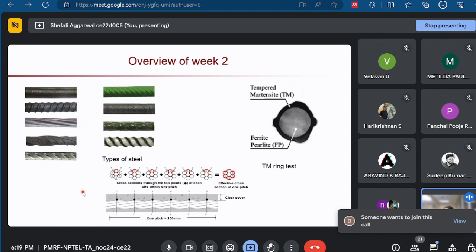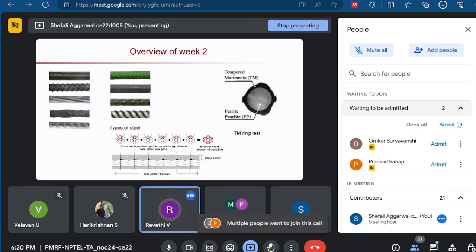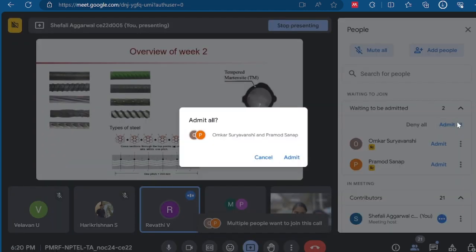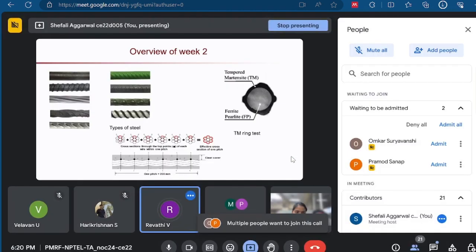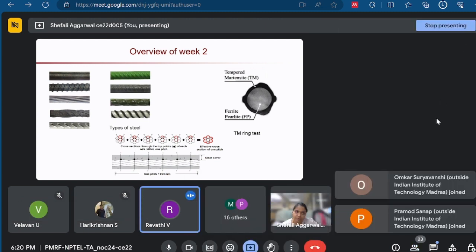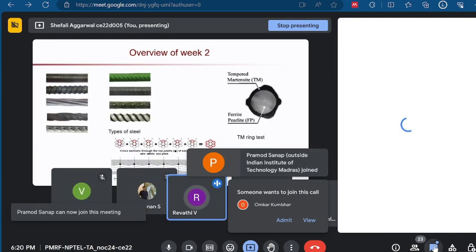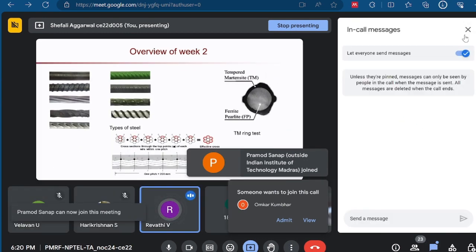Any doubt you have? Can we use this TMT ring test for both epoxy coated steel and galvanized steel also? No. The TM ring test is mainly for tempered martensite rebar only. TMT rebar only. Galvanized steel also we cannot use it for?